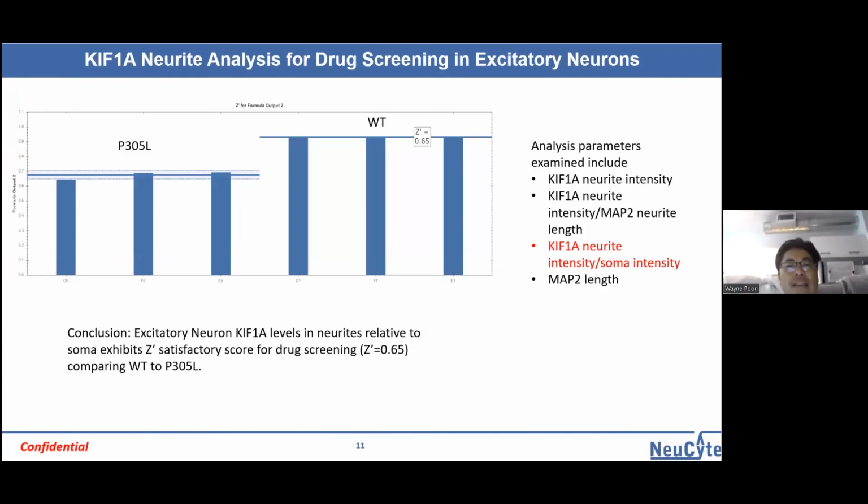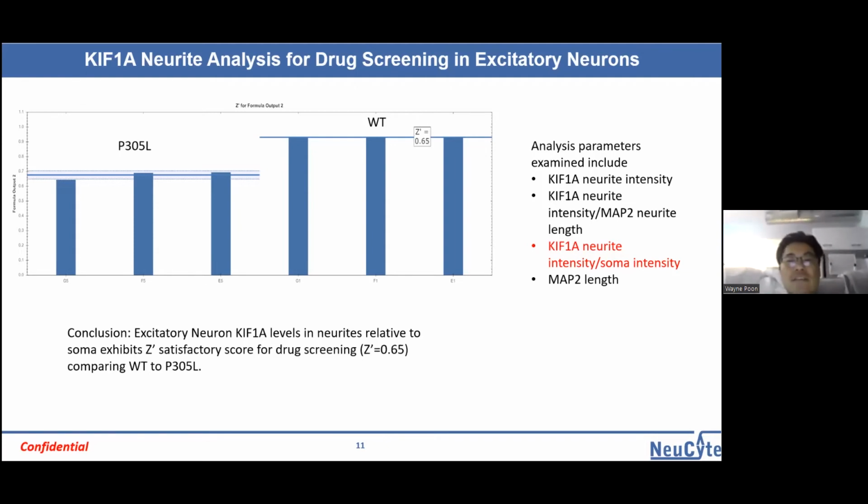And in this slide, we have identified a specific KIF1A mutation phenotype within P305L, and that is examining the NeuCyte intensity of KIF1A in NeuCytes relative to soma, which is the cell body.